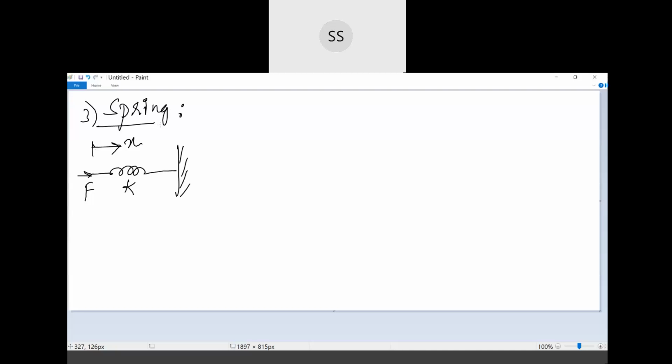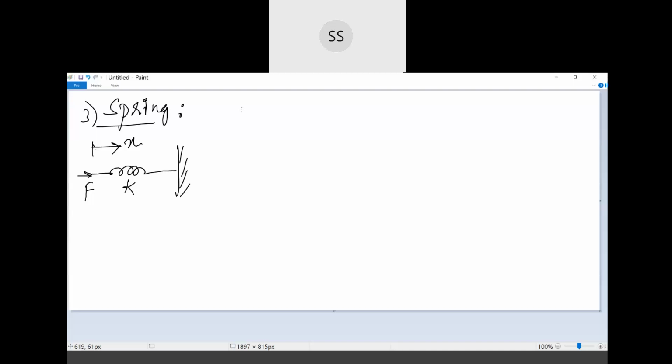Now let us consider that the force F is applied to it. When you apply a force on the spring, the spring is going to offer an opposite force, which will be proportional to the displacement of the spring, or the displacement of the body, you can imagine in general.